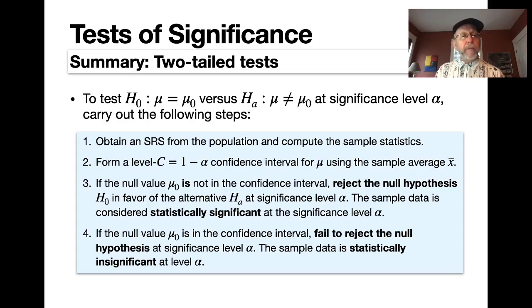On the other hand, if the null value mu0 is in the confidence interval, then we fail to reject the null hypothesis at significance level alpha, and we say that the sample data is not statistically significant at significance level alpha.